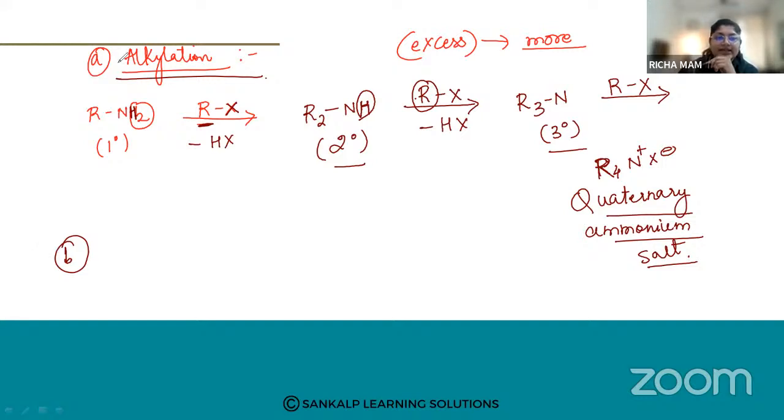Next we are going to see acylation. What will we do in acylation? In acylation, we are going to react with acetyl chloride.